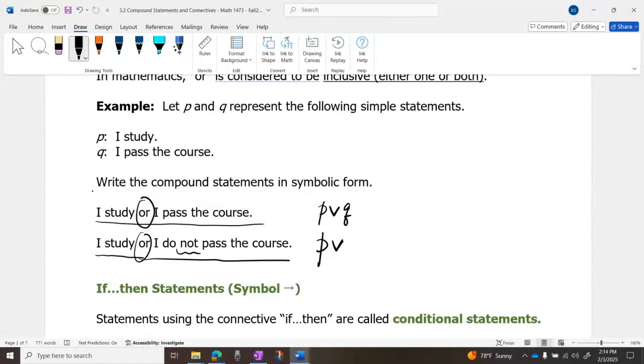Do not pass the course is the negation of Q, so you're going to have not Q. You do not have to have the parentheses, but with the parentheses it looks better and it's still correct. So the second sentence can be written as P or not Q.